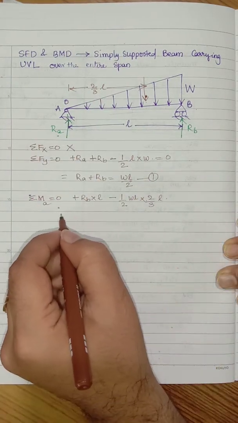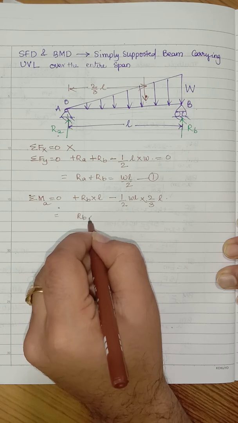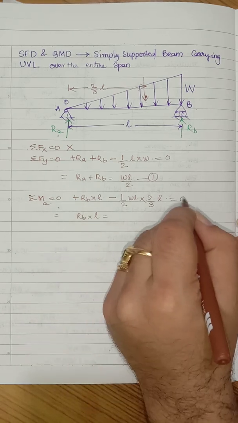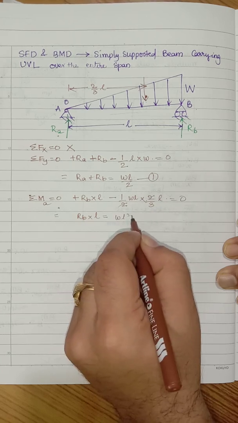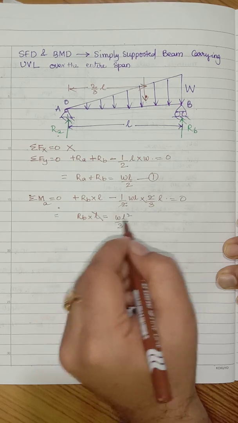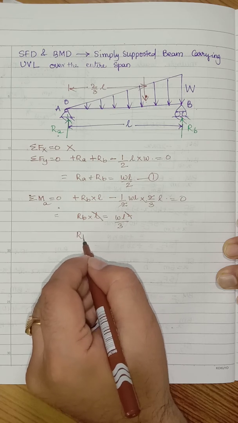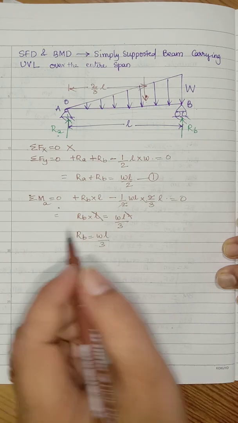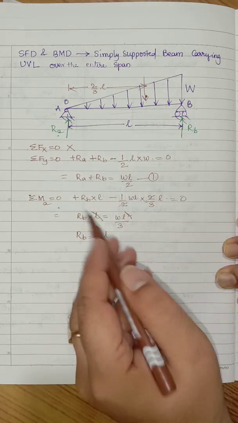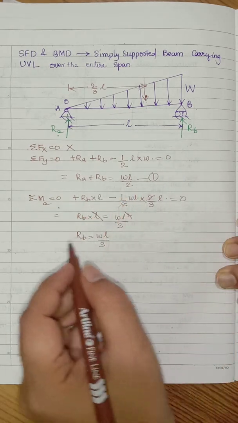So I can write RB multiplied by L minus WL divided by 2 into 2L divided by 3 is equal to 0. The 2 gets cancelled, and we get WL square divided by 3. Now L gets cancelled, and we get RB is equal to WL divided by 3. Now we have the equation RA plus RB is equal to WL divided by 2.